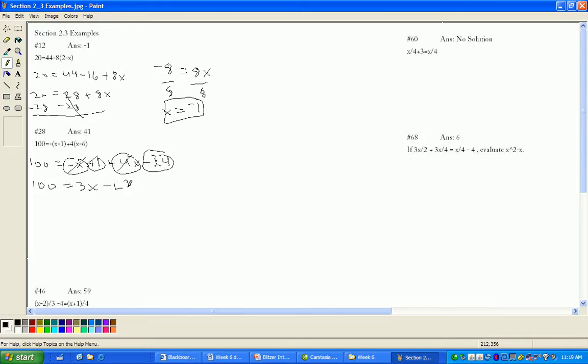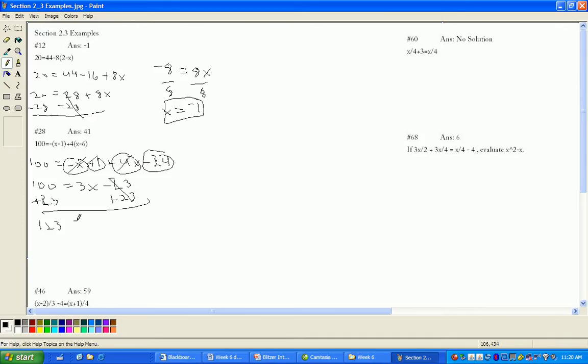So now we see we have our variable on the right, no variable on the left. So let's keep our variable on the right and move the constant from the right to the left. Add 23 to both sides to get rid of that constant term. Negative 23 plus 23 is equal to 0. 100 plus 23, bad writing, is equal to 123, is equal to 3x.